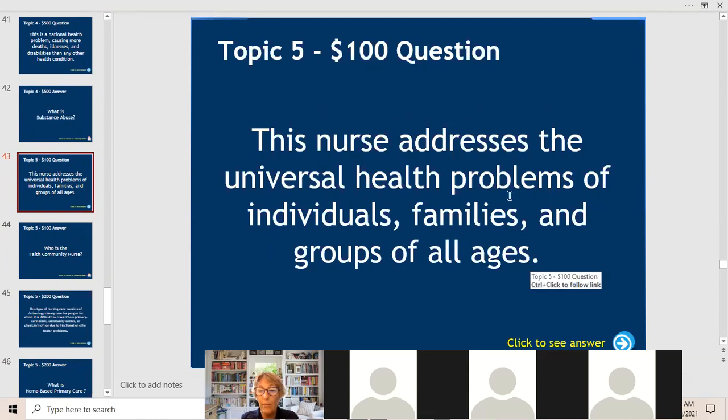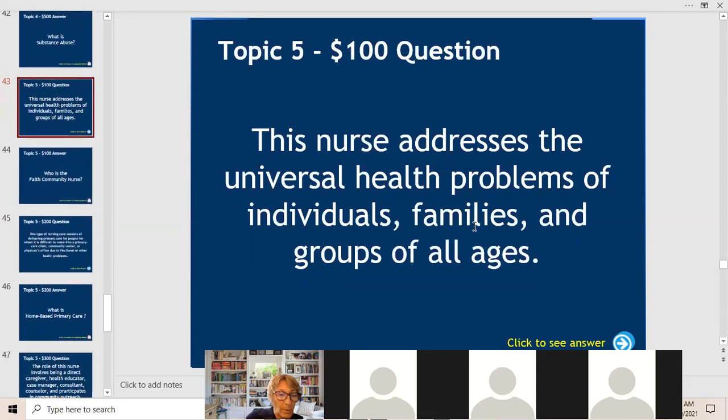If you had said from a spiritual perspective, right? Because that's one of the big factors for faith-based community nursing: yes, they address holistic, universal health problems, but the difference is that they bring in the spiritual aspect of it. So I don't like that question.